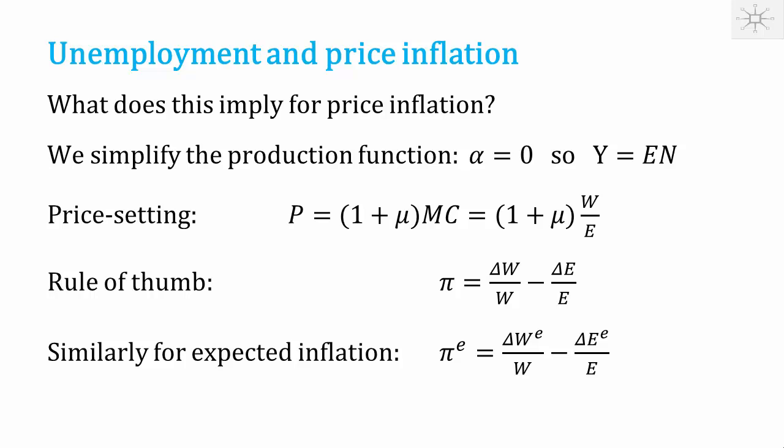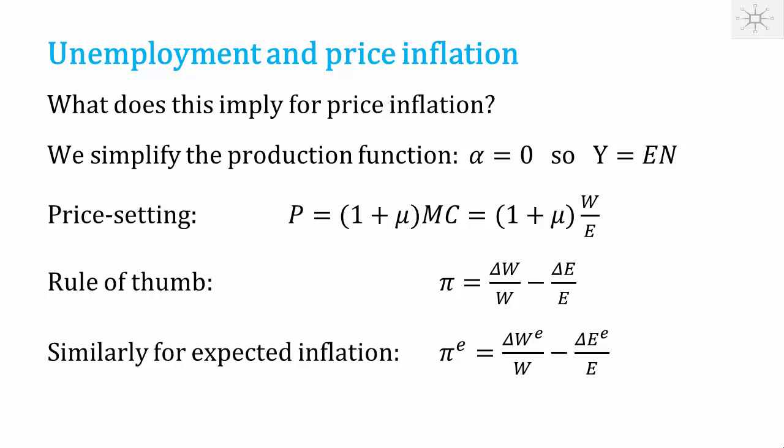And now we can use again our famous rule of thumb that says that if the markup is constant, then the percentage change in prices, that is inflation, is going to be the percentage change in wages minus the percentage change in productivity. And now we assume the same applies to expected inflation.